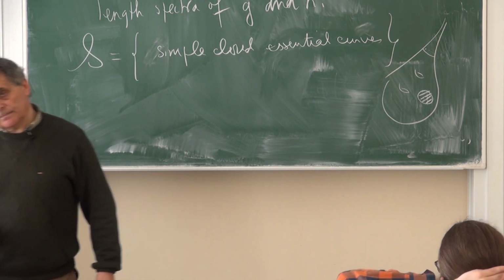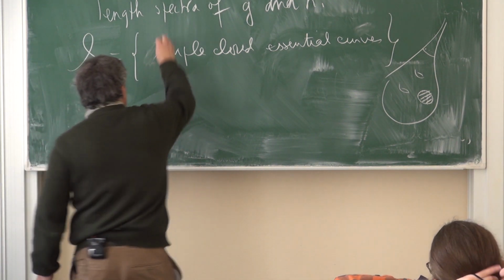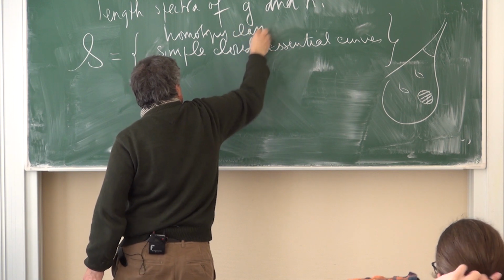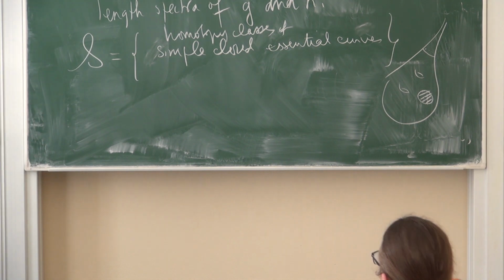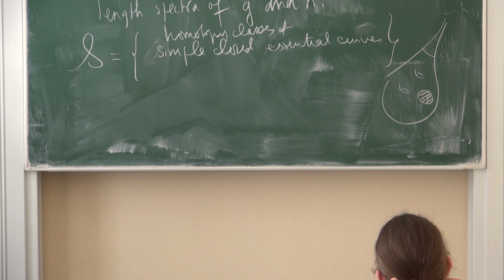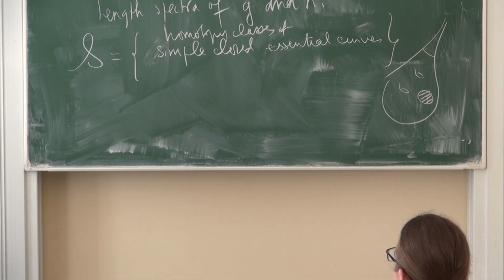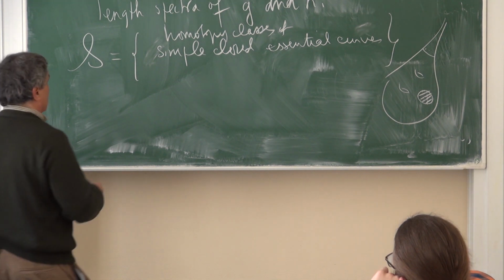S is the set of homotopy classes of simple closed essential curves, and when I take a hyperbolic structure, this becomes in one-to-one correspondence with the set of simple closed geodesics. Okay, this is good.